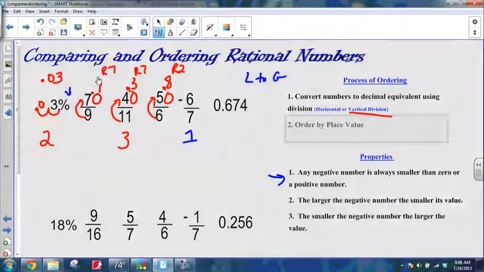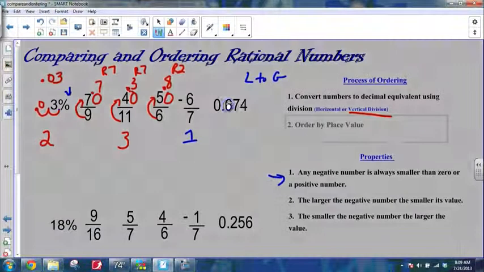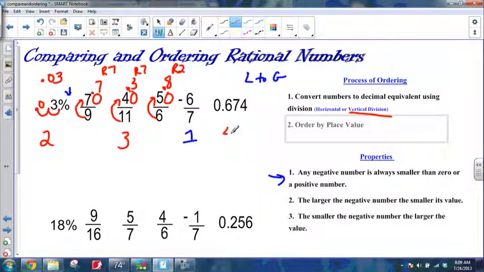And we'll continue on. 7 tenths, 8 tenths, or 6 tenths. Remember, I'm not looking at 0.672. I'm looking at only the place value of tenths. So, comparing these tenths, the 6 tenths is the smallest tenth.